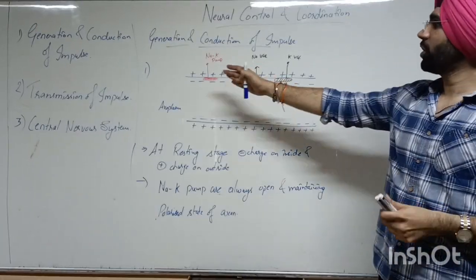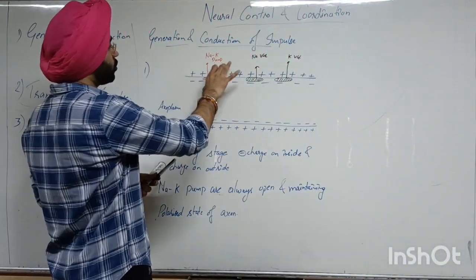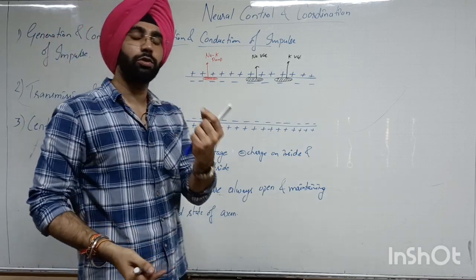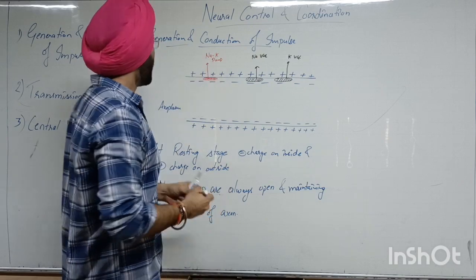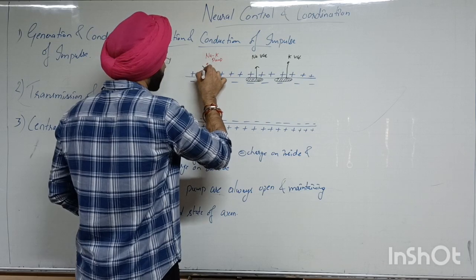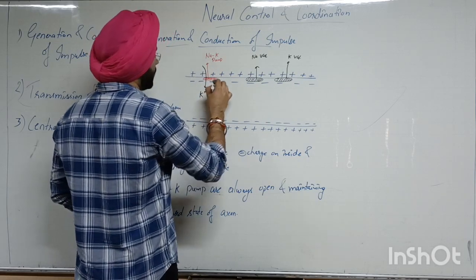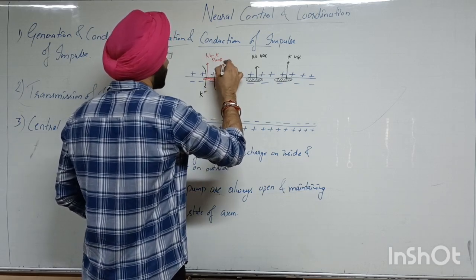What the sodium potassium pump is doing: in the axoplasm there are some sodium ions and many potassium ions. This pump is influxing potassium ions and outfluxing sodium ions, sending sodium outside.